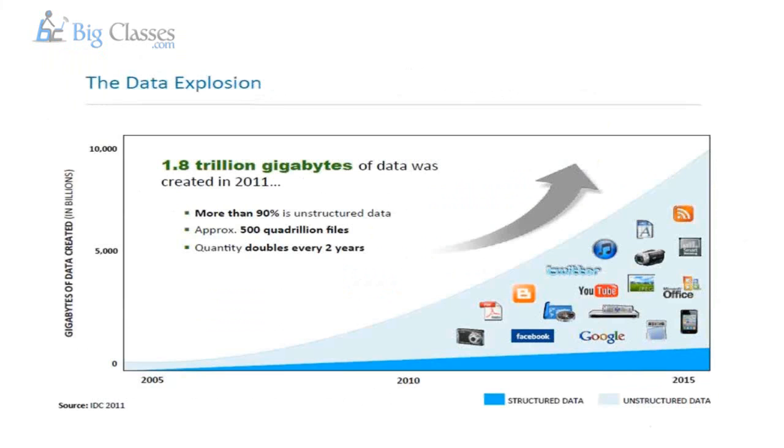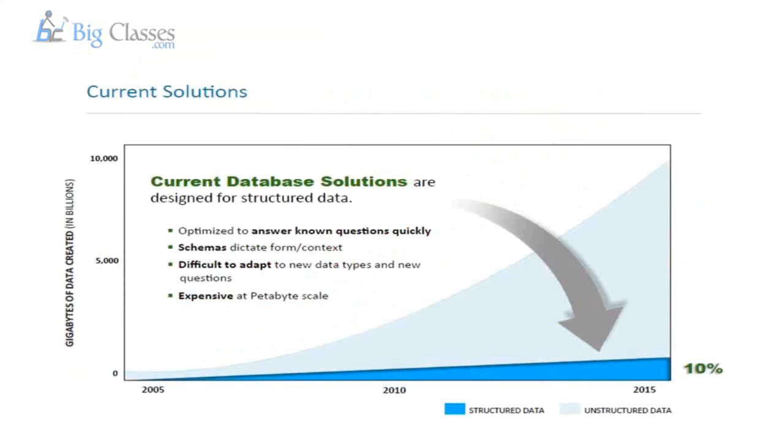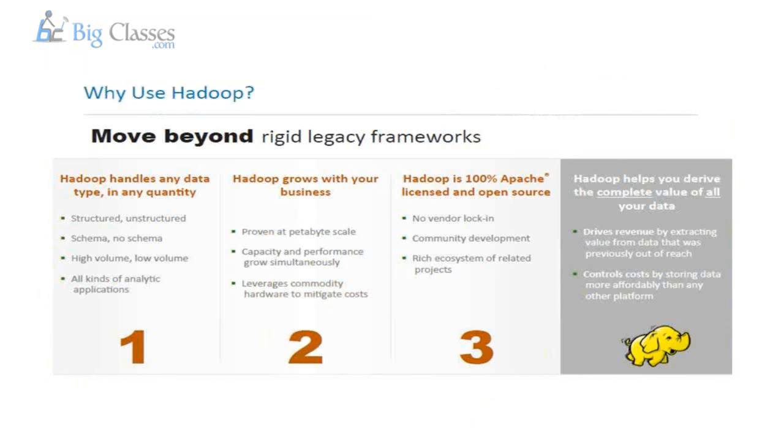I don't want that. So scalability and capacity are not going to be a limit for this piece. Capacity and performance always grow simultaneously. And one more thing is that I would also like to leverage commodity hardware to mitigate the costs.